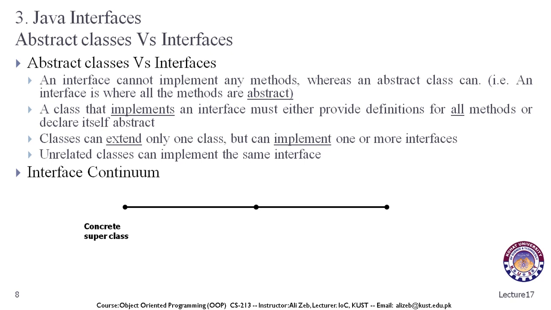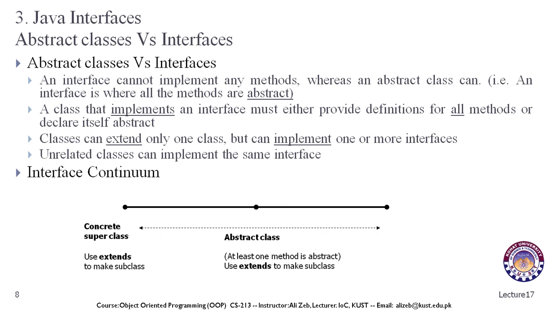Interface. So if we look at the comparison, a concrete superclass uses extends to make a subclass. An abstract class can have at least one method that is abstract, and it also uses extends to make subclasses.